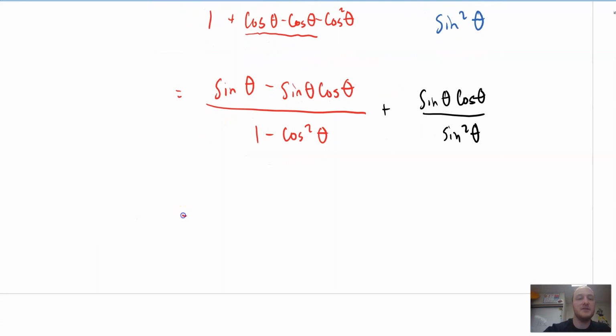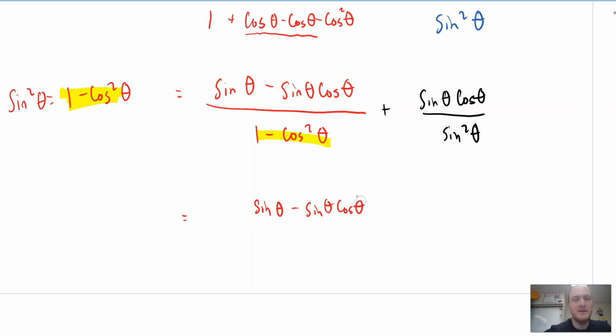We know that sine squared theta is equal to 1 minus cosine squared theta. So all we're going to do is substitute it out for sine squared theta. So this becomes sine theta minus sine theta cosine theta. Man, this numerator is lengthy. So over sine squared theta, plus sine theta cosine theta over sine squared theta.